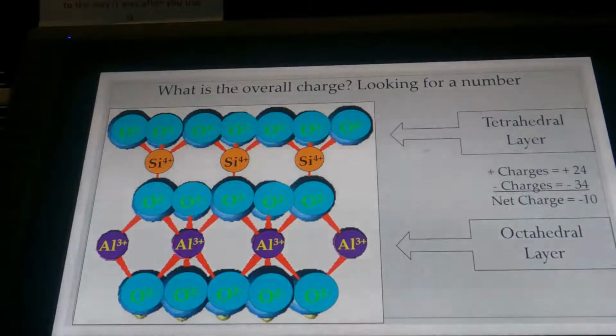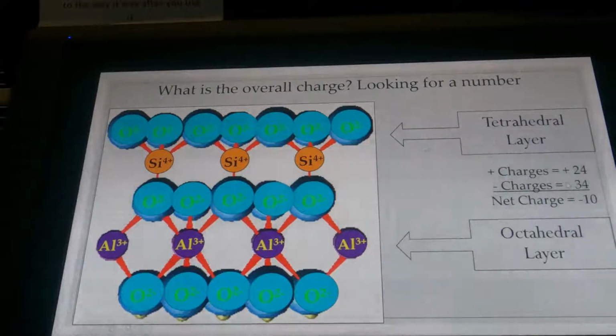All right, cool. So we have 7 oxygens in the top, 12 and 17. So 17 oxygens, each worth -2, gives us -34. Those are our negative charges.